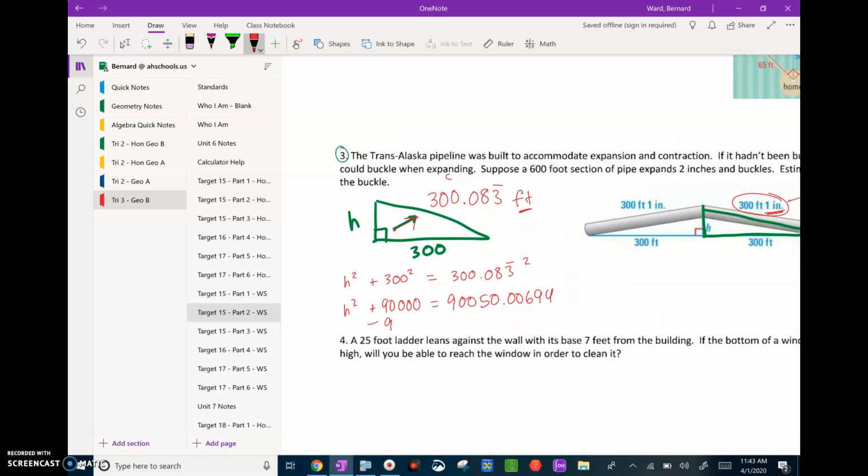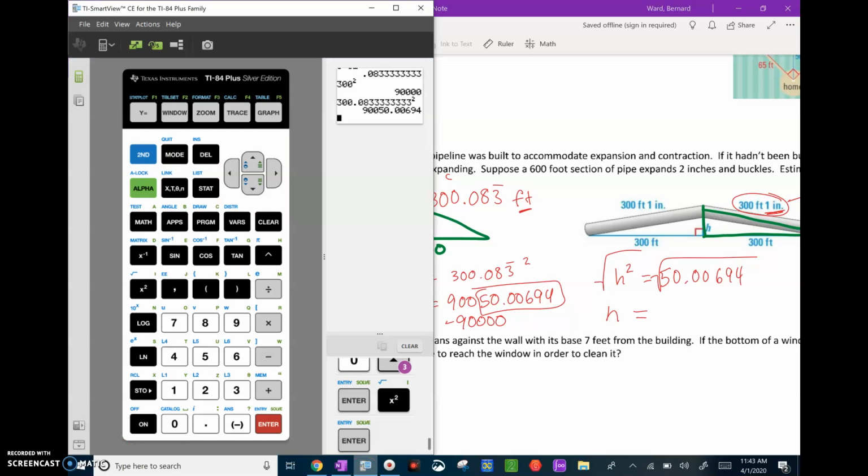I'm going to subtract 90,000 from both sides. When I do that, h squared equals what's left, 50.00694. Lastly, I need to square root both sides, so my height is the square root of that 50 number. I'm going back to my calculator to get it without rounding.